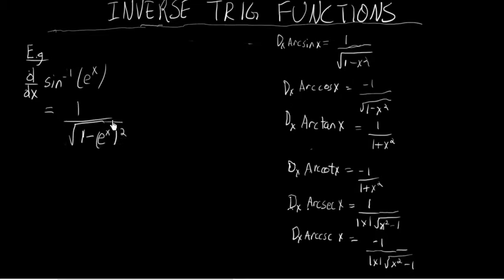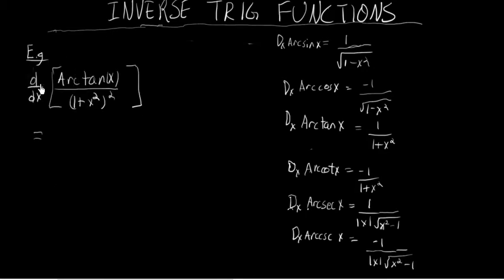So e to the x quantity squared times du dx. That's the derivative of e to the x with respect to x. So that's times e to the x itself, because as we know, e to the x is the one function whose derivative is itself. So we just get e to the x over the square root of 1 minus e to the 2x.